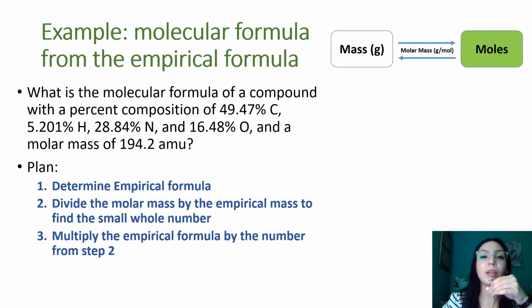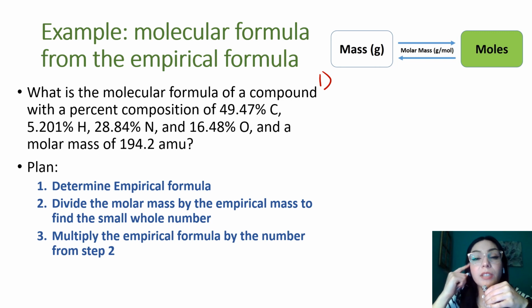Now we are going to go through an example where we have to first determine the empirical formula and then determine the molecular formula. So this is about as complicated as it gets. If you have the rules for the empirical formula written out, bring them out and you can have them next to you while we do this, because I'm just going to do it from memory. So step 1, convert the percentages that you were given.